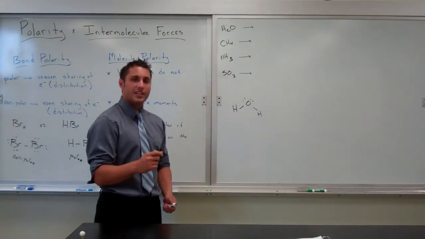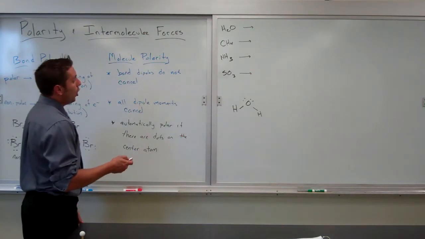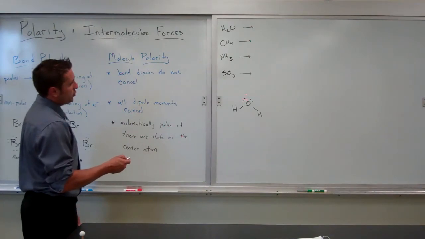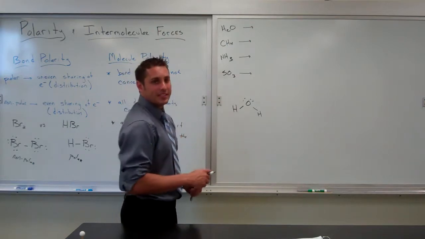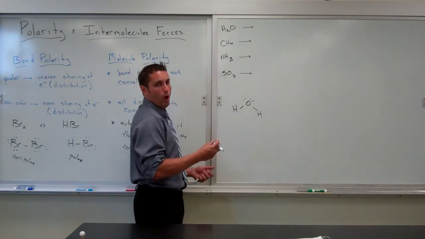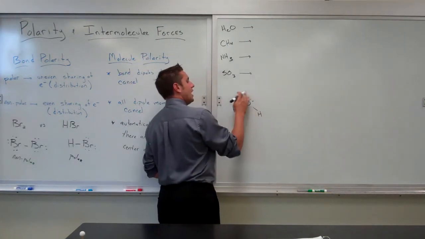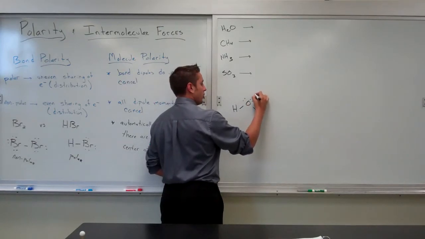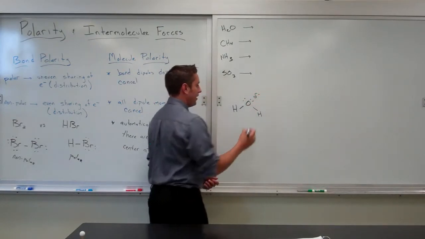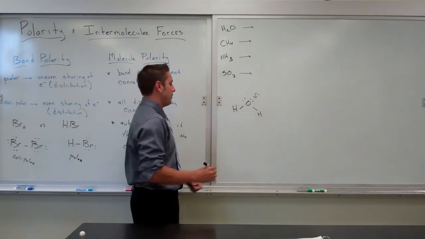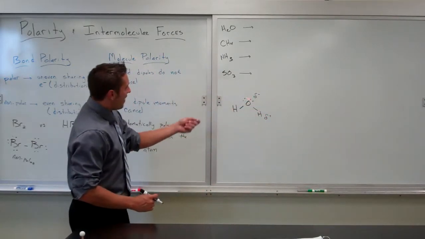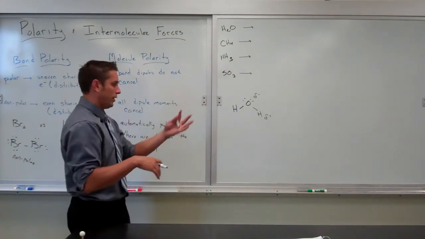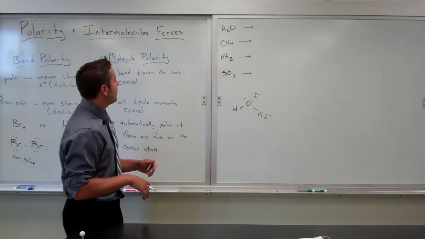Because if there is, it is automatically polar. Well, sure enough, H2O has 2 pairs of dots on the center atom. That makes this unevenly pooled. The reason being is electrons are negative, so with all these electron dots up here, it makes it kind of negative up here and kind of positive down here, and that creates partial charges. That's what a dipole is, and we'll get into that in a minute.